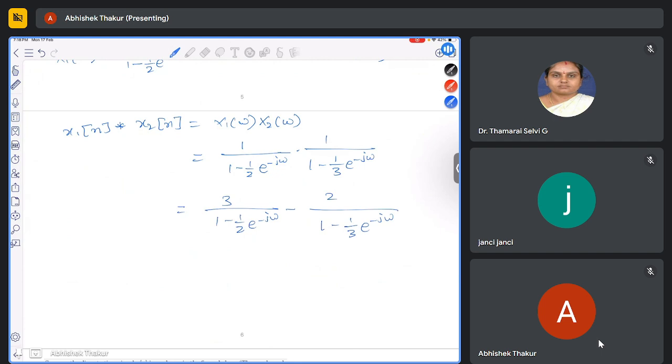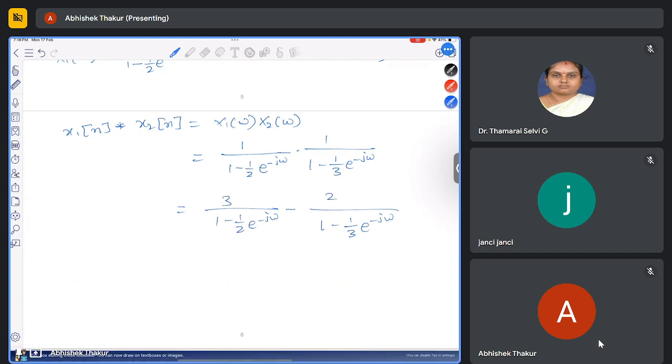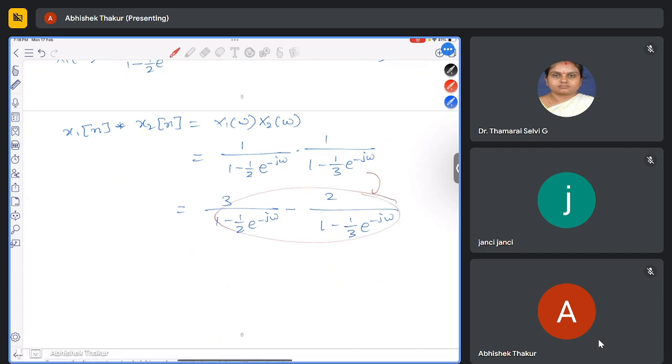If you check this, you will get the same answer because the terms will cancel out. So this is equivalent to the decomposed form.